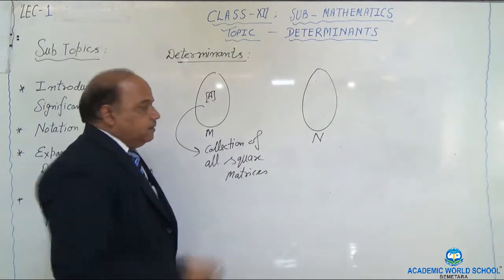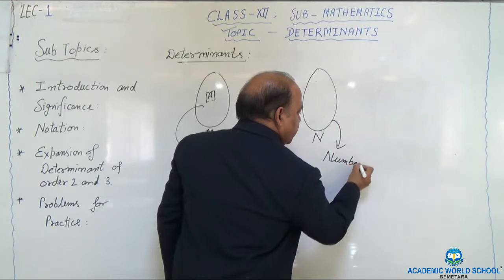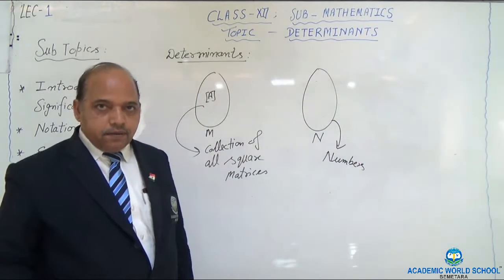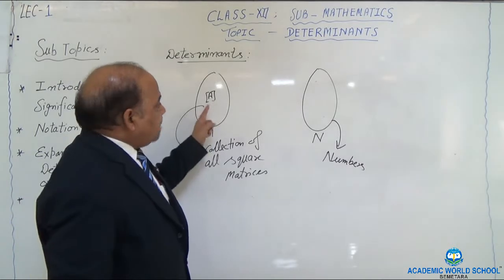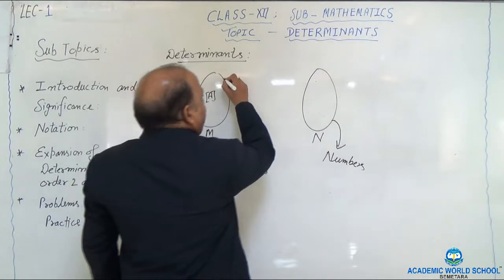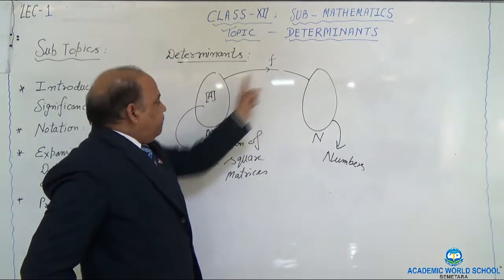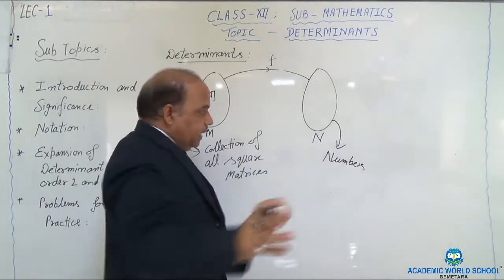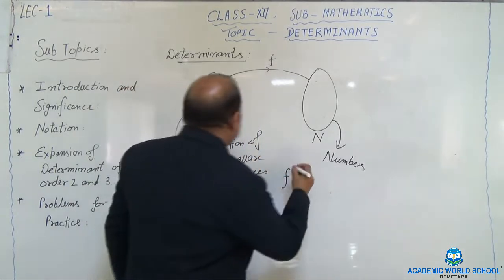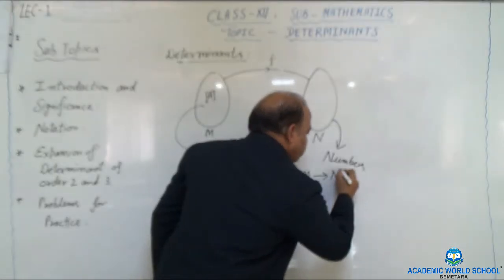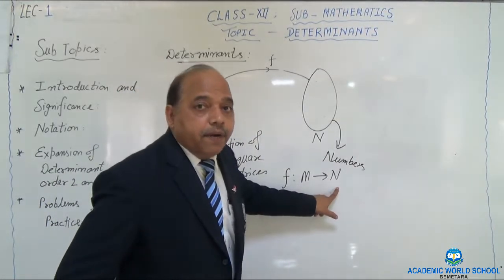And what is here? This is a collection of numbers. In this we have taken only numbers. Fine. Suppose I have taken this square matrix A. And then we are defining this function f from M to N. What we are saying, f is a function from the set of square matrices to the set of numbers.